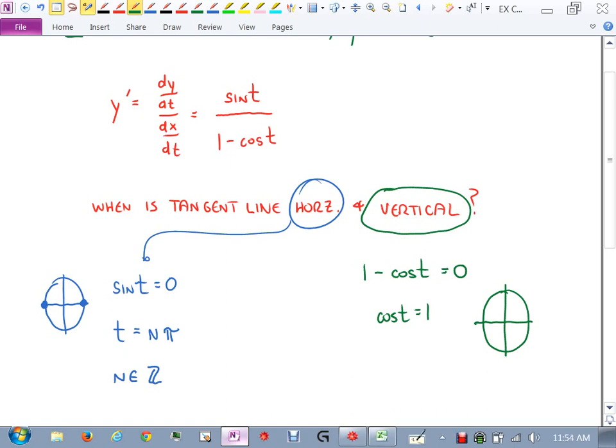Where's cosine 1? Cosine is which coordinate on the unit circle? The x-coordinate. So when is the x-coordinate 1? At 0, or 2 pi or 4 pi or 6 pi.